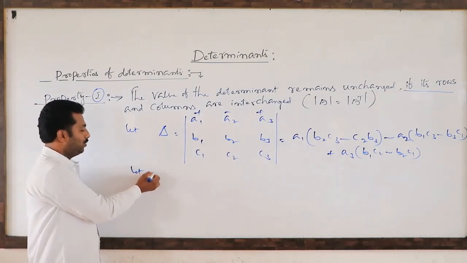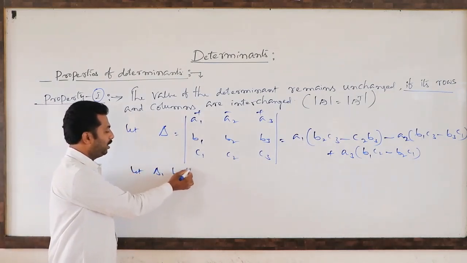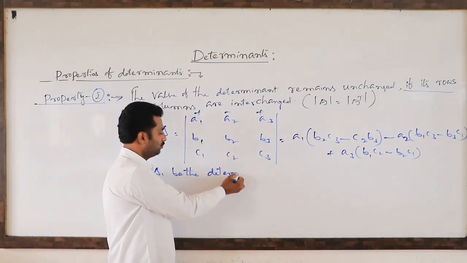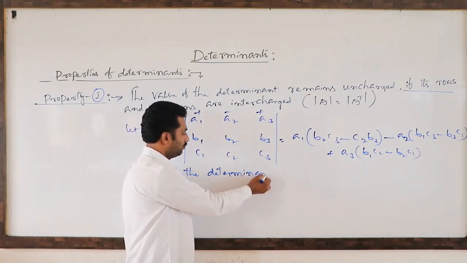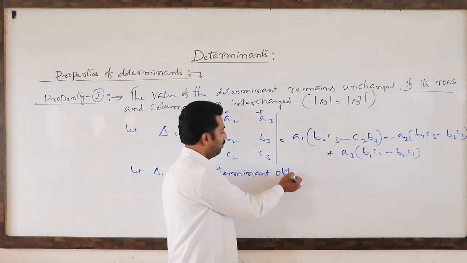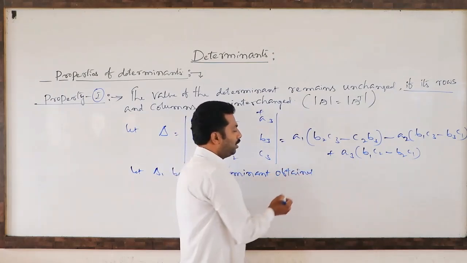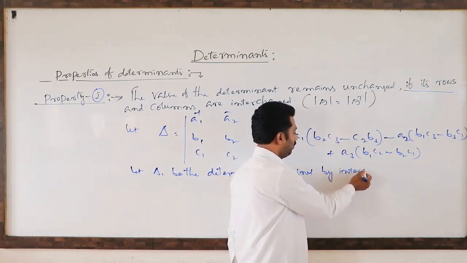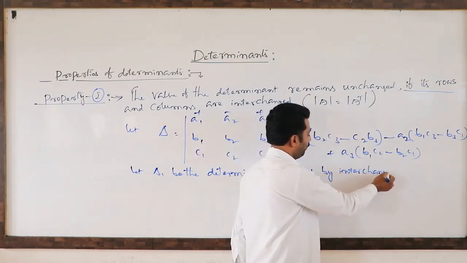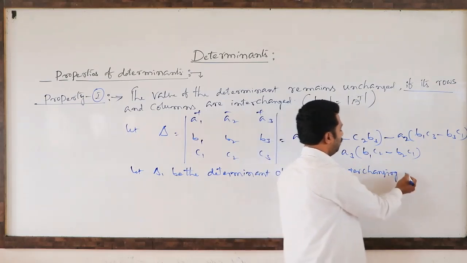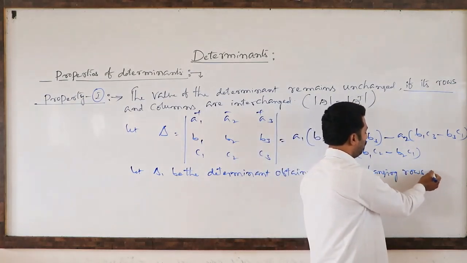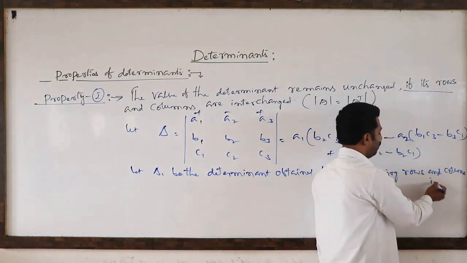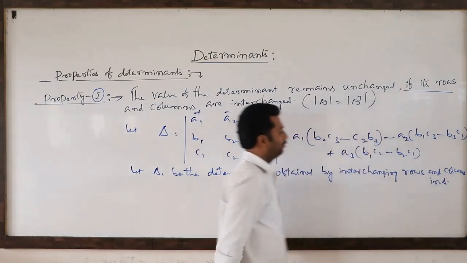Now we assume let delta 1 be the determinant obtained by interchanging rows and columns in delta.